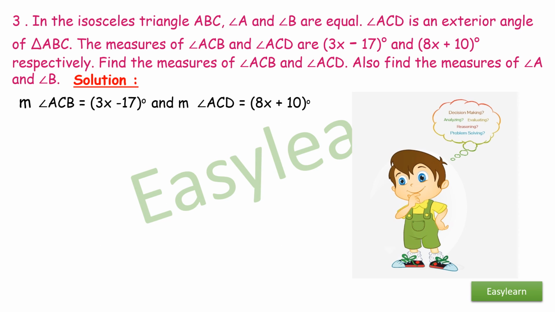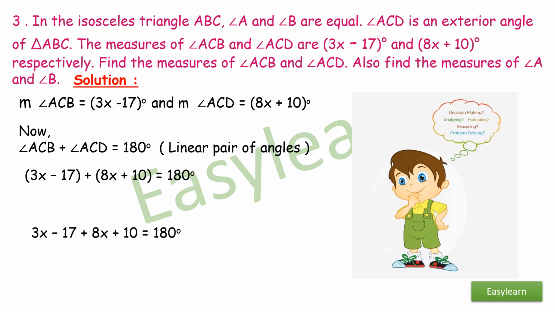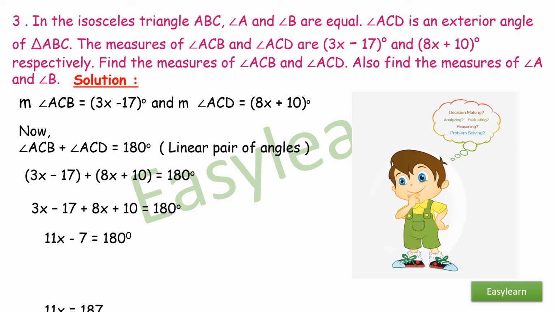Solution. Measure angle ACB is 3x minus 17 and ACD is 8x plus 10. So we have the linear pair of angles, ACB plus ACD is equal to 180 degrees, which gives 3x minus 17 plus 8x plus 10 is equal to 180. Therefore, 11x minus 7 is equal to 180 degrees.